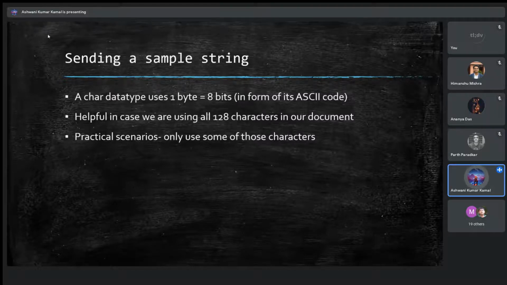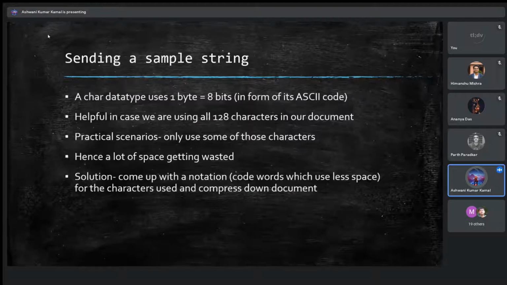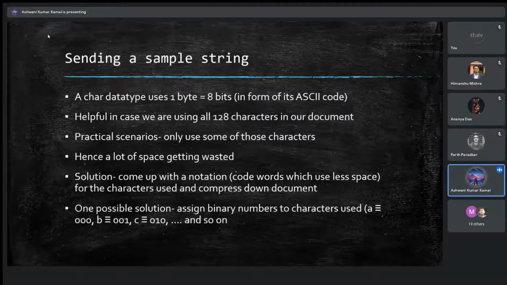So we don't actually need to use all those 8 bits and store that data in the original form. We can come up with a new notation to reduce its size. The whole idea is that a lot of space is getting wasted. So of course, one possible solution is to assign binary numbers to characters.